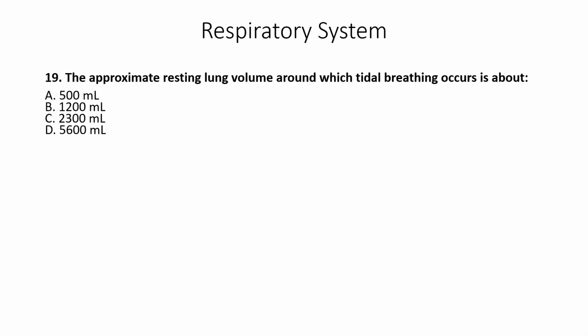Right? So if you add these two quantities, that is your resting lung volume. Okay, so tidal volume is different. That's just the amount of air that you're breathing in a normal tidal breath. But this is how much is left in your lungs after you have removed one normal breath. So in a normal adult, typically it is around 2.3 liters.